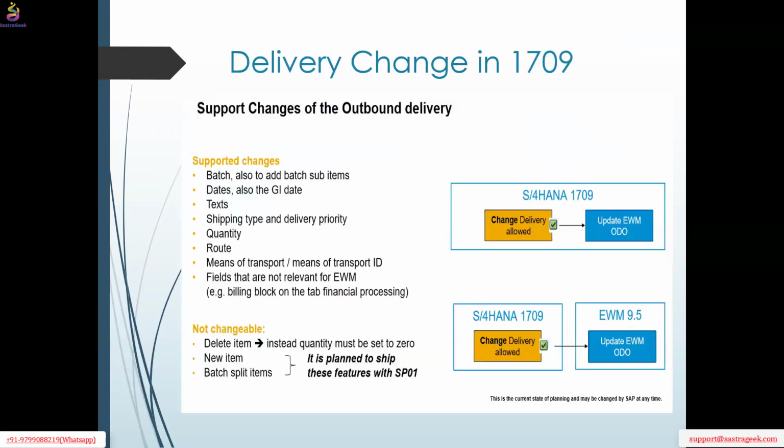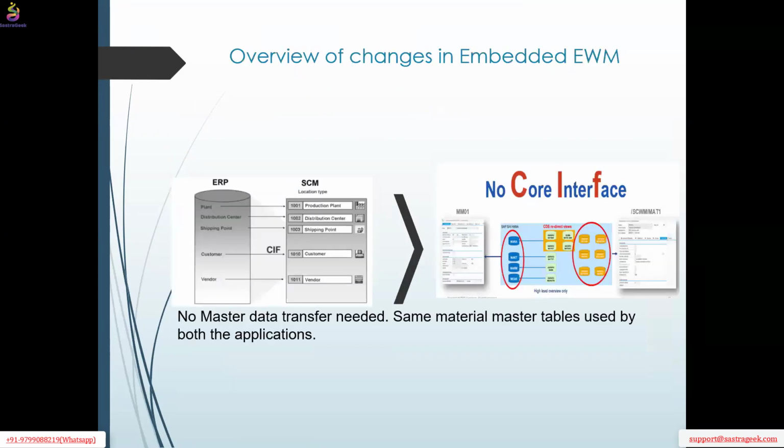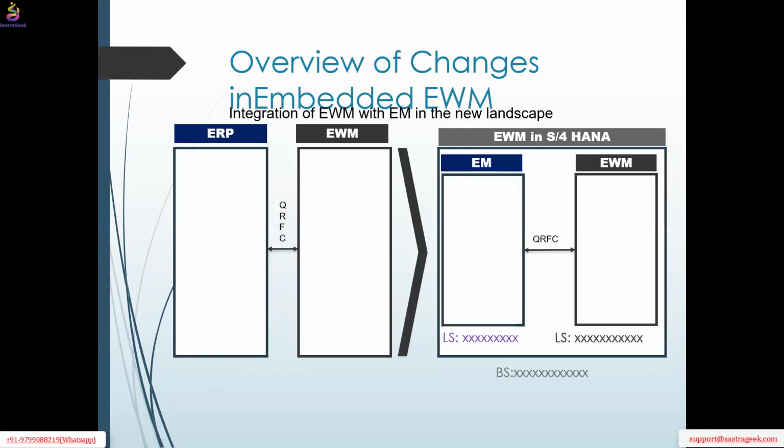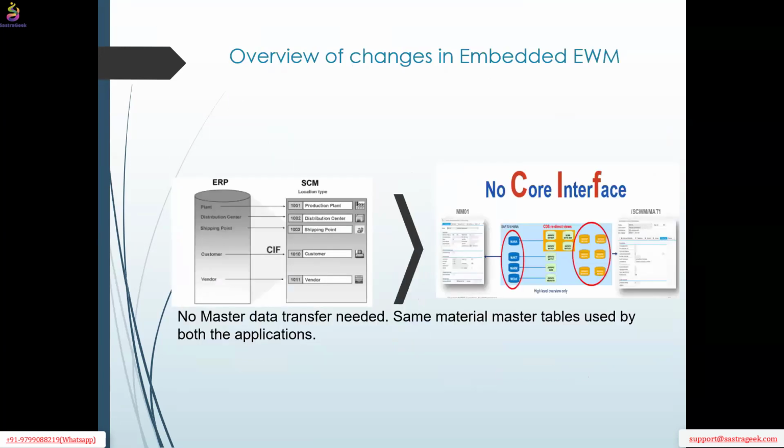Okay, now, however, before we get into this particular one, ideally, as I said, there are two different landscapes. Indeed, one is your embedded landscape, the other one is your decentralized landscape. Yes, there are differences between embedded and decentralized, because in the embedded landscape, there is much more flexibility in terms of your master data and your transactional data.